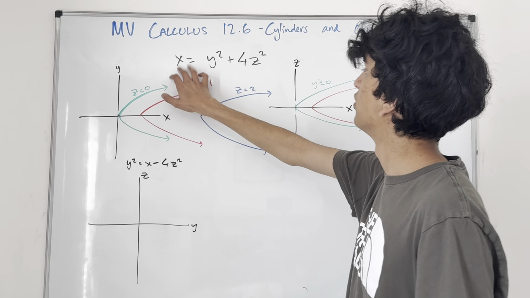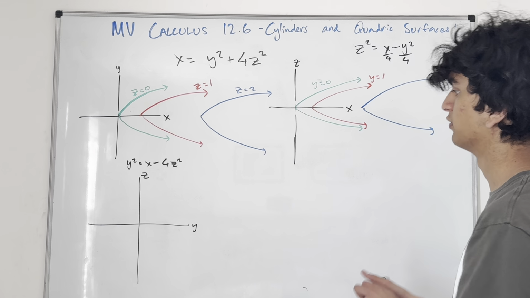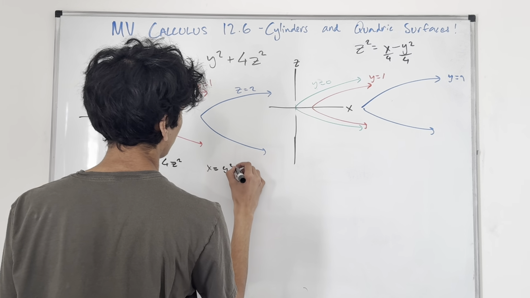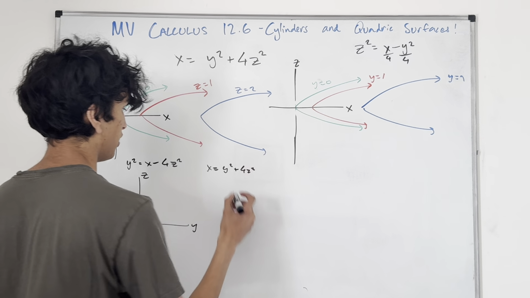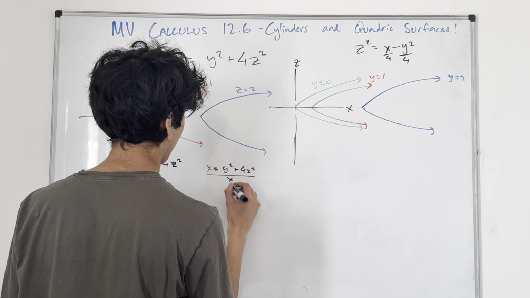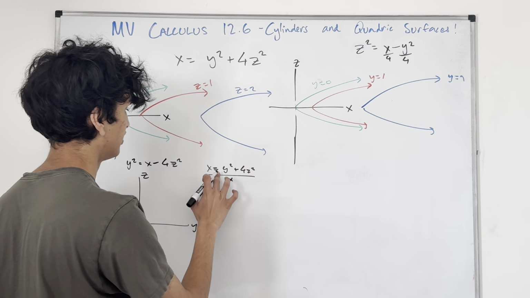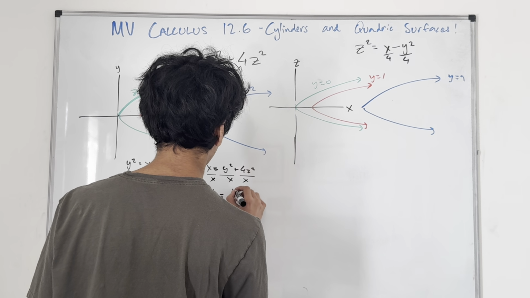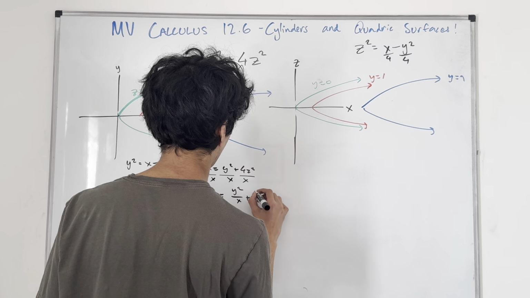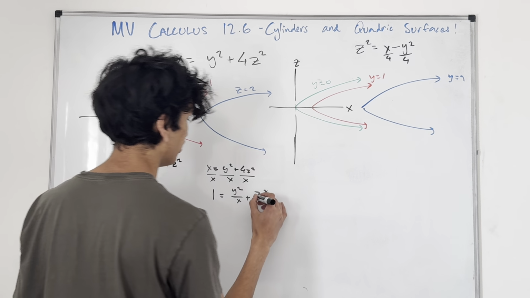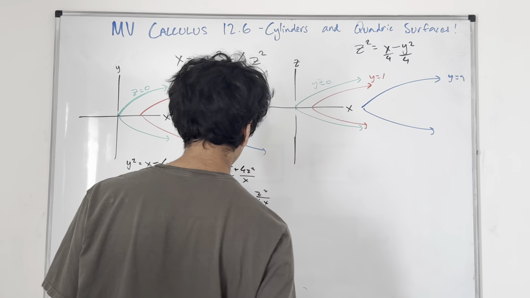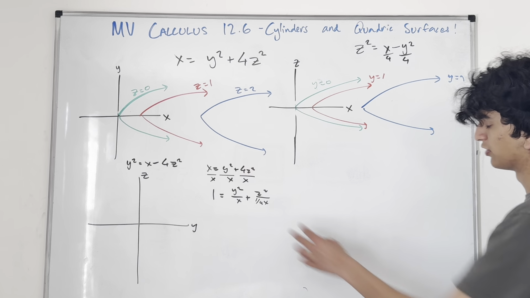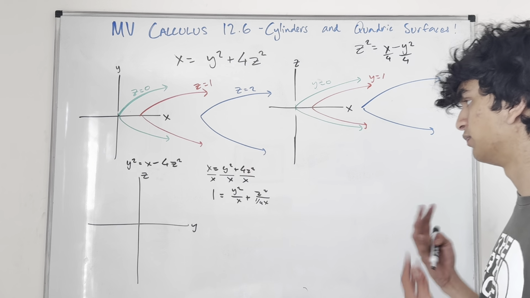If we have x equals y squared plus 4z squared, and I divide all of this by x, I get 1 equals y squared over x plus z squared over 1/4 x, bringing the 4 down as 1/4. Now this is in the form of an ellipse where x is our a squared term and 1/4 x is our b squared term.